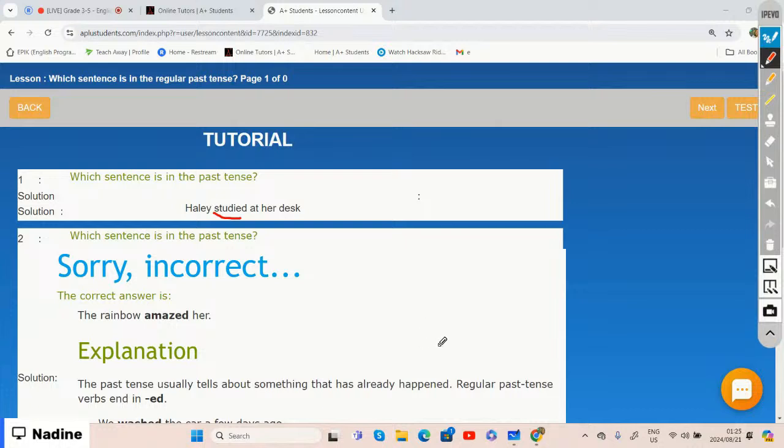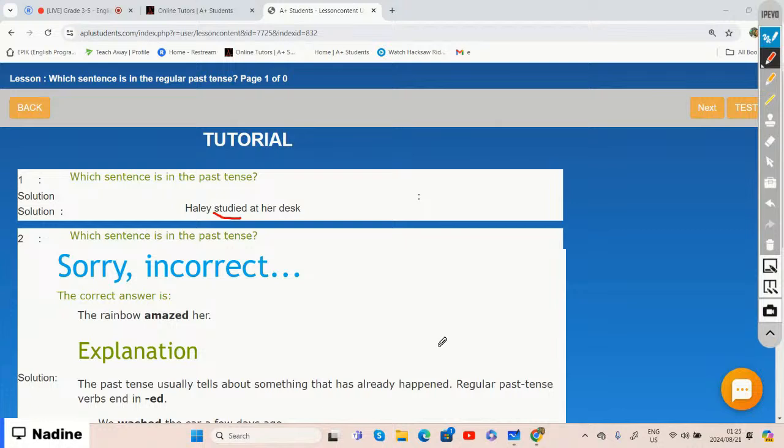All right, so yes, we would say Haley studied at her desk is in the past tense. Because remember, in one of our rules, if a word ends with a Y, and we want to write it in the past tense, then we need to remove the Y, add the I and the ed to show the past tense.